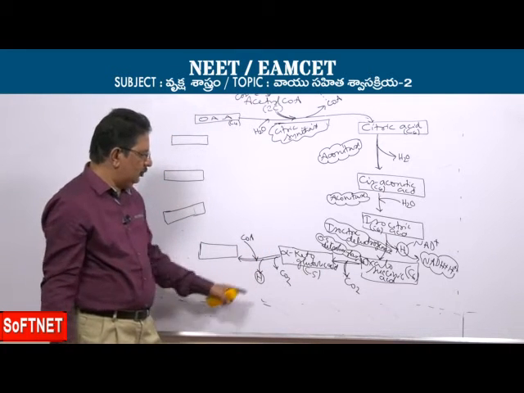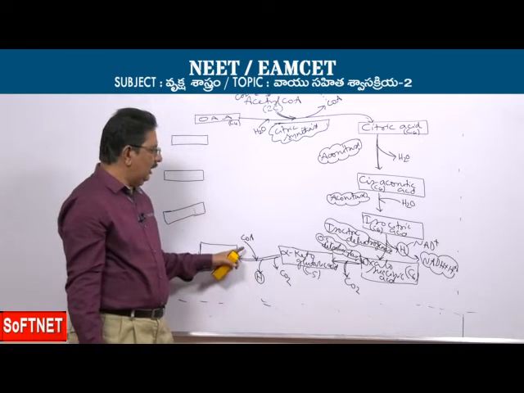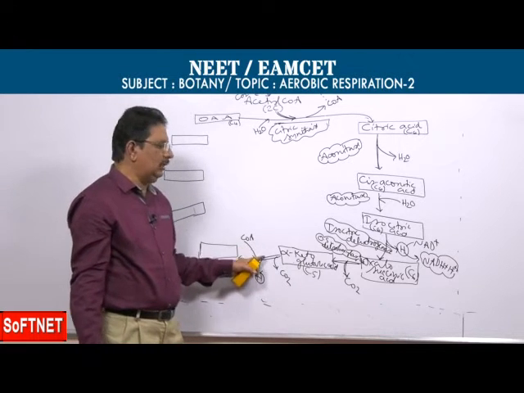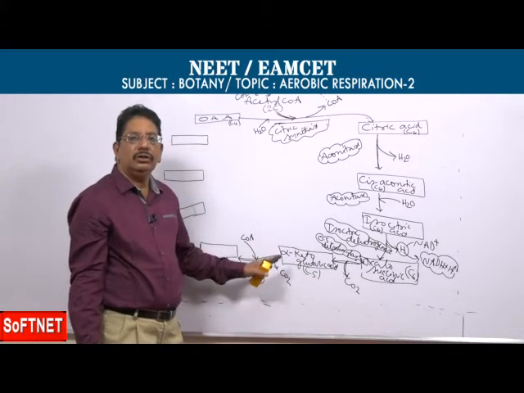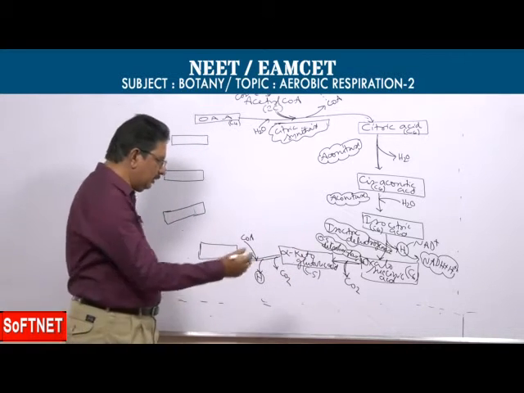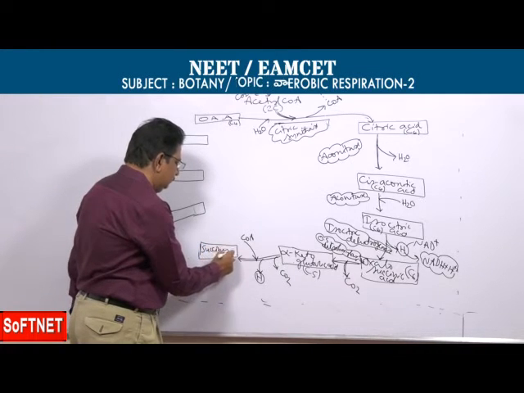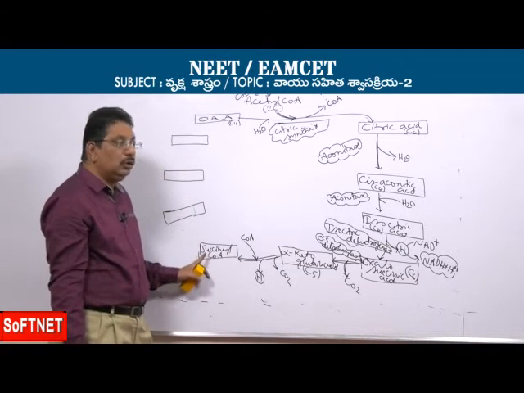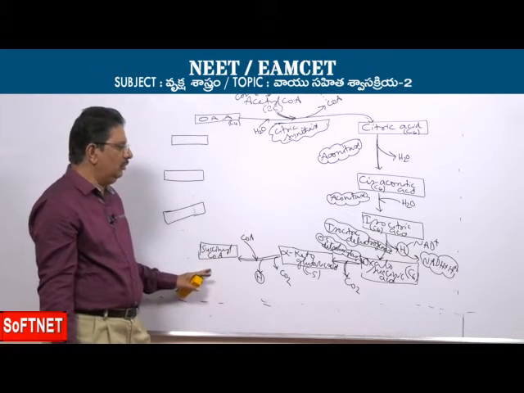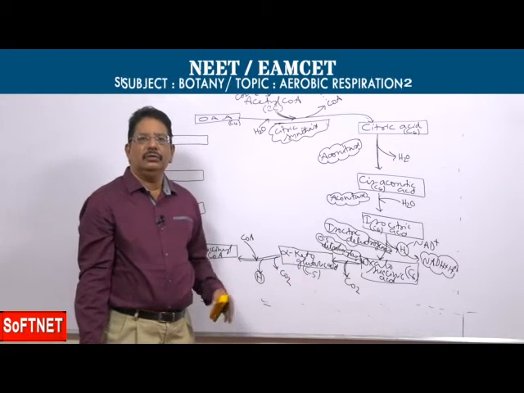condensation with coenzyme A. So, decarboxylation, dehydrogenation and condensations occur during the conversion of alpha ketoglutarate acid, and that product is succinyl coenzyme A. Succinyl coenzyme A is formed from alpha ketoglutarate acid after what?